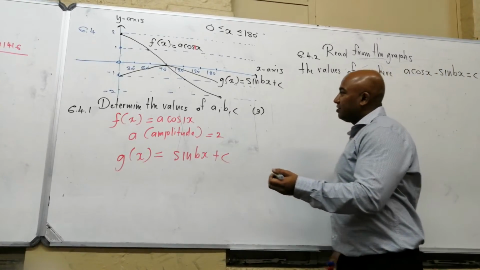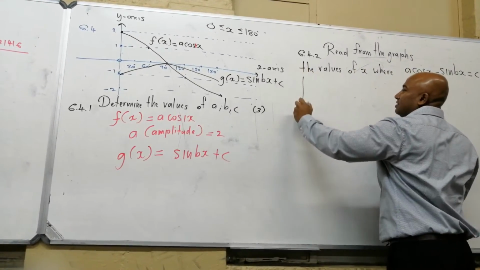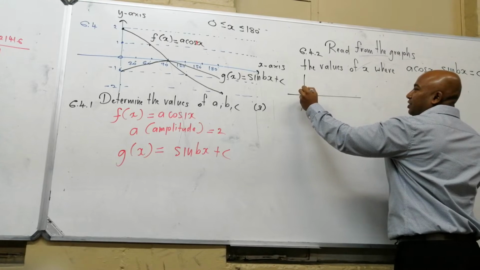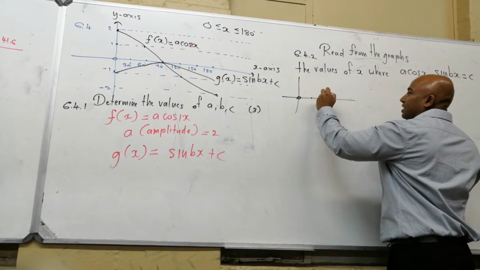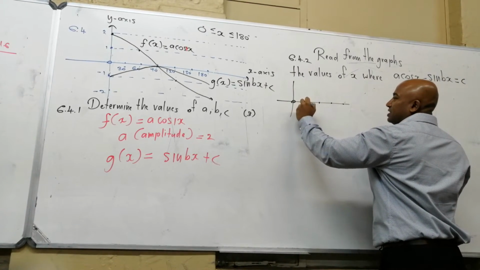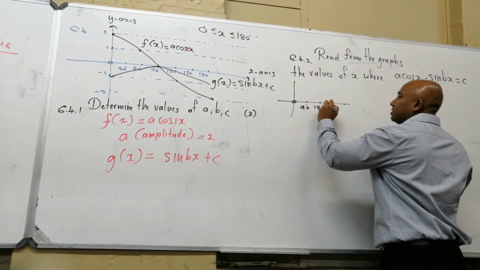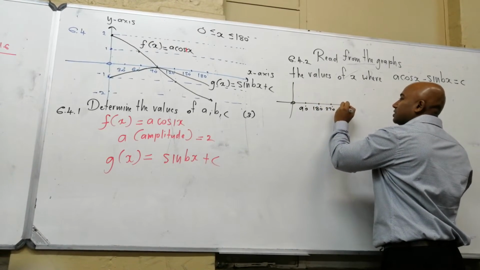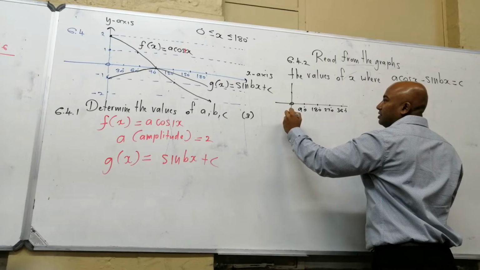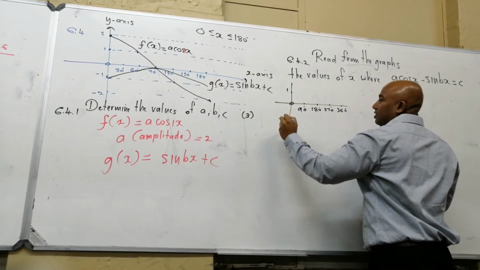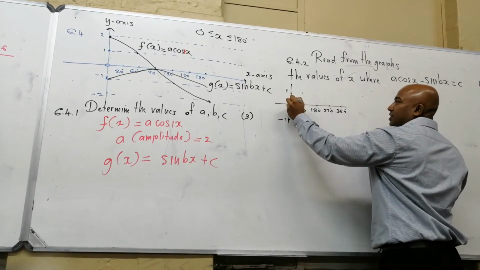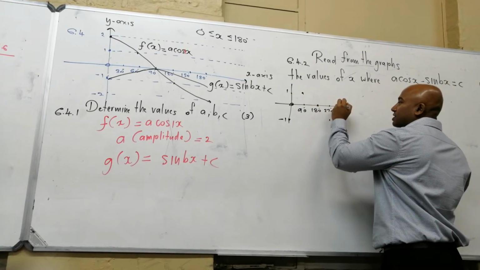Your basic sine graph, you're going 0, 90, 180, 270, 360. You're going up, down, up, and down to -1. So you're going 0, 90, 180, 270, 360.